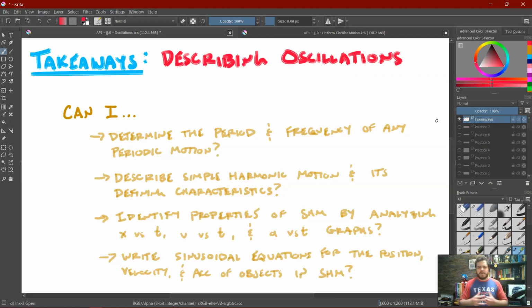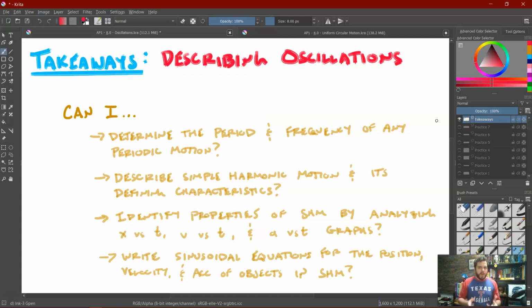All right, so what are our main takeaways for describing oscillations? Well, one, can we remember what periodic motion is and determine the period and frequency of any sort of periodic motion, keeping in mind they're inverses of each other, and also keeping in mind that frequency is in units of hertz, or 1 over seconds. Can we describe simple harmonic motion as oscillatory motion around an equilibrium position and its defining characteristic that the object is subjected to a restoring force that is directly proportional but opposite in direction to its displacement from equilibrium?